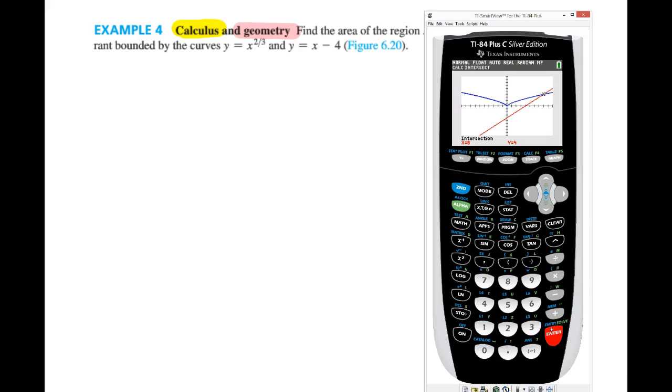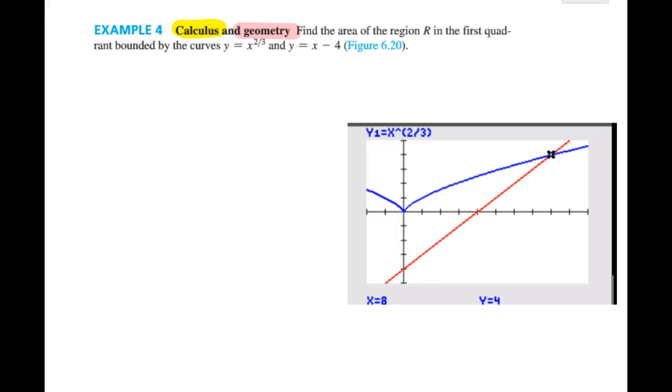if I just integrate, though, from 0 to 8, I won't get the area between the curve in the first quadrant, remember, I'm looking for. So if I integrate this way, I would have to find this point of intersection, I suppose, because this would be the upper minus the lower.